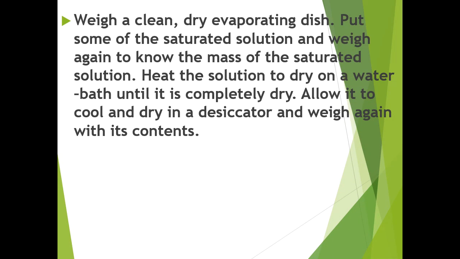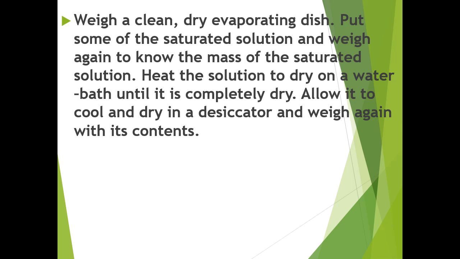You weigh a clean, dry evaporating dish. Put some of the saturated solution in and weigh again to know the mass of the saturated solution. Then heat the solution to dryness on a water bath until it is completely dry. Allow the residue to cool and dry in a desiccator and weigh again with its content.